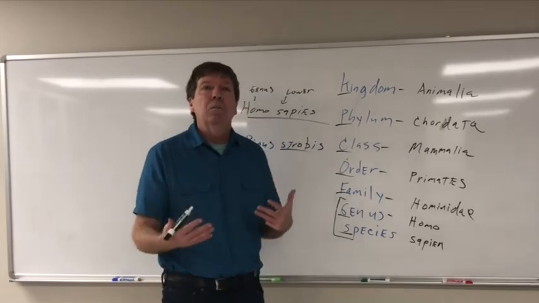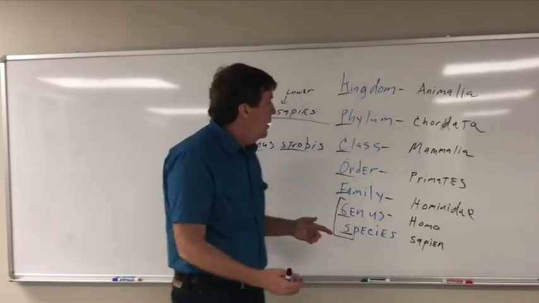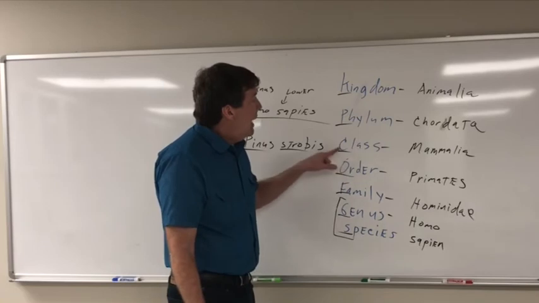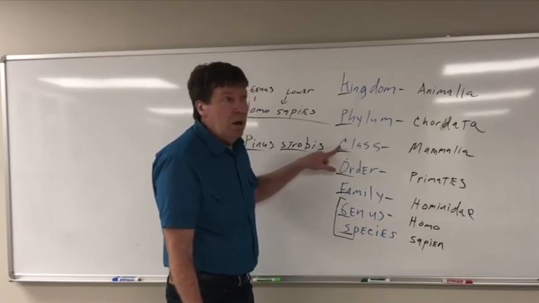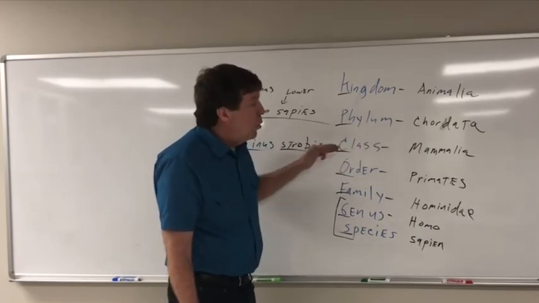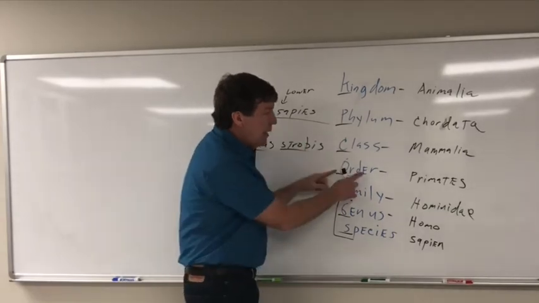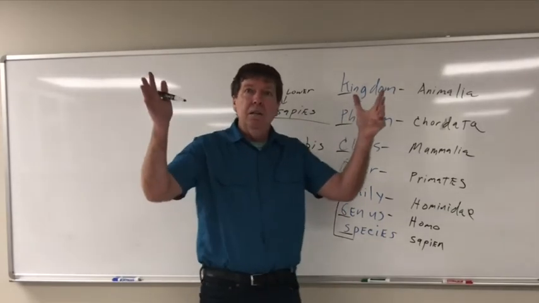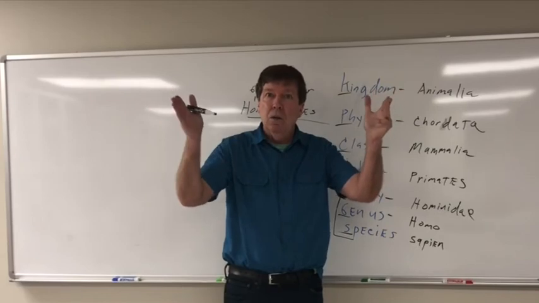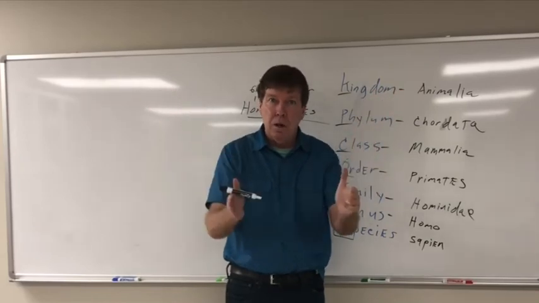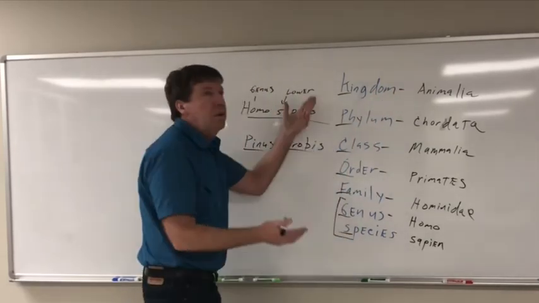Again, the order is important because if you're talking about a class of living creatures, we know that this class has more living creatures in it than an order does, because again, you're going from the broadest category to smaller, smaller, smaller. So we'll do the classic.